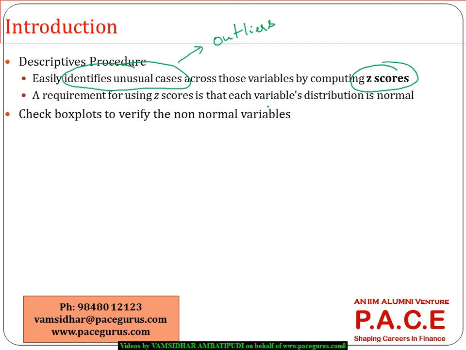The major mechanism it uses is computing the Z score, which means it is assuming that the distribution of the data is normal, and based on that assumption, it computes the Z score. After that we will expose all those Z scores to a box plot. We'll talk about the box plot also, but it directly gives us indications regarding the unusual values present in the data.